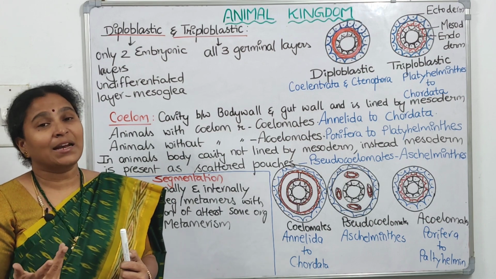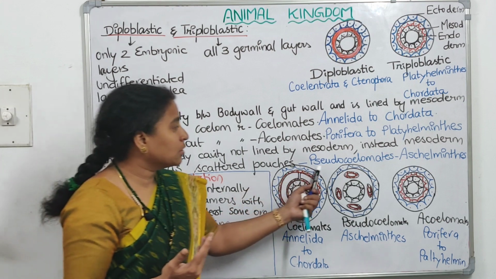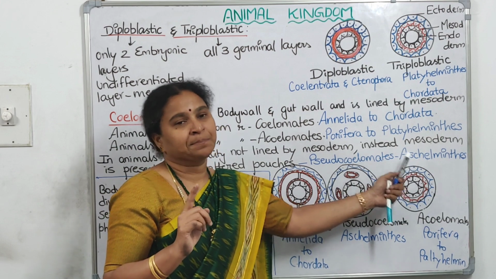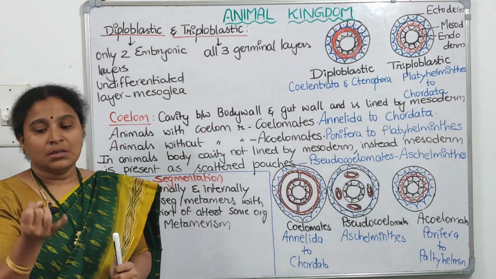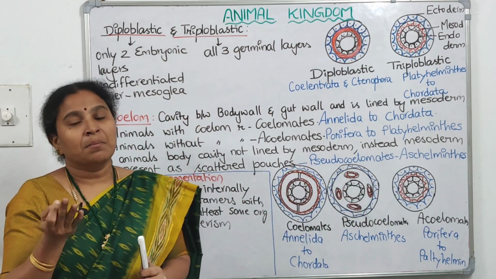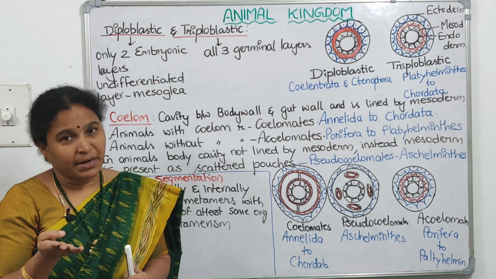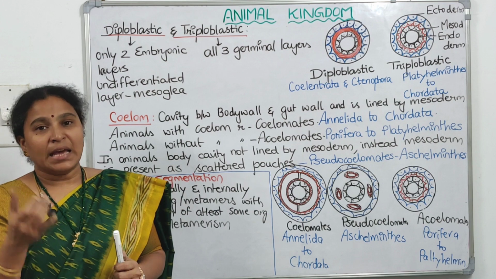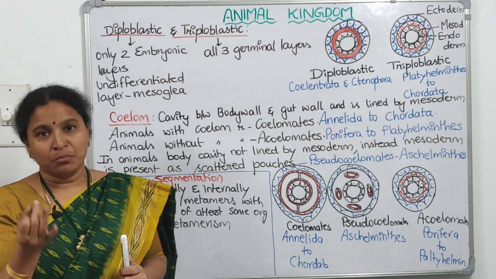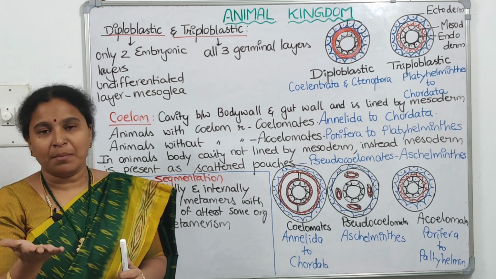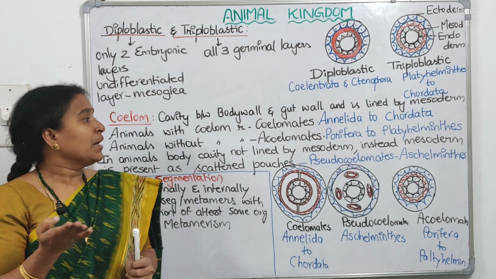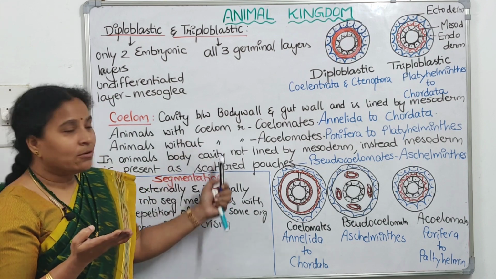We call them pseudocoelomates, and the phylum which shows the pseudocoelomic character is Aschelminthes. Porifera, Cnidaria, Ctenophora, Platyhelminthes are acoelomates. Aschelminthes is pseudocoelomate. Then Annelida, Arthropoda, Mollusca, Echinodermata, Hemichordata and Chordata are examples for coelomates. That is about the coelom.